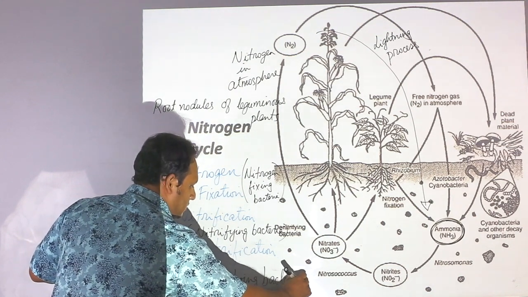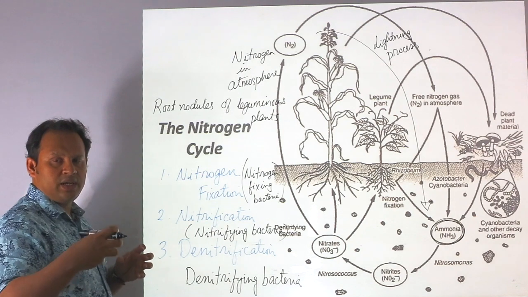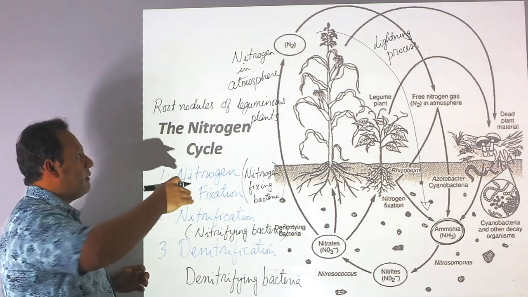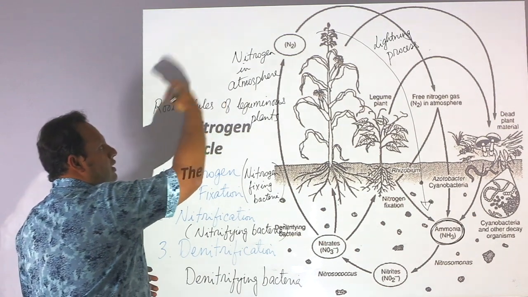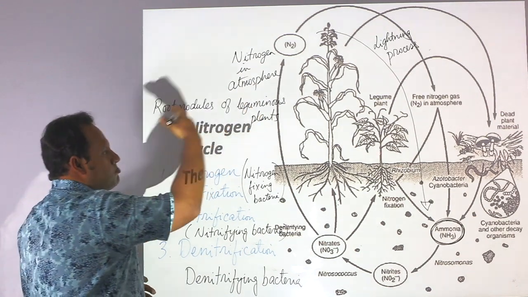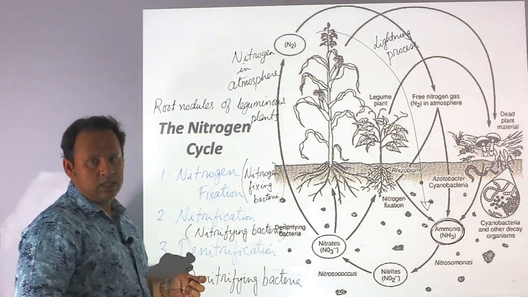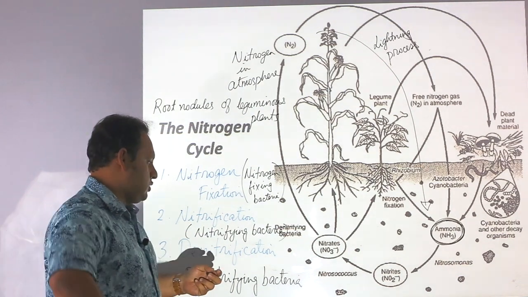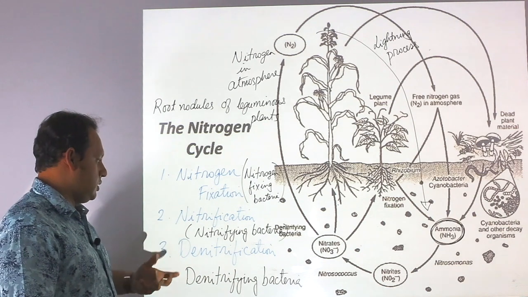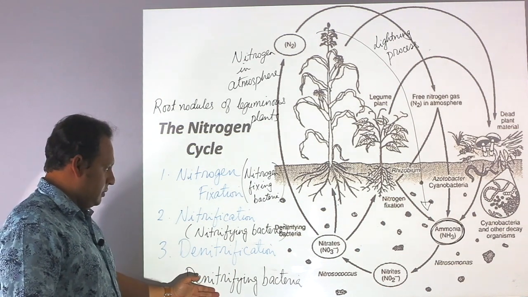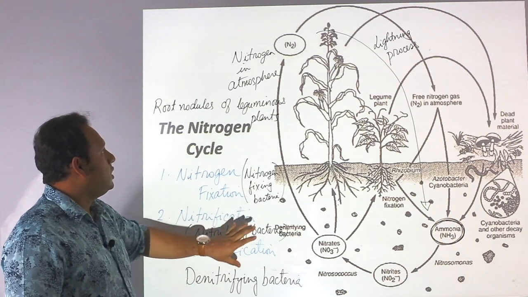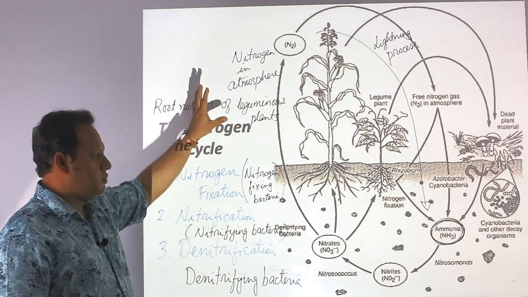Denitrifying bacteria remove nitrogen, release it as a gas into the atmosphere, and then nitrogen is available in the atmosphere, and it is actually the most abundant element in the atmosphere, occupying about 78% of the atmosphere. So denitrifying bacteria, through the process of denitrification, is removing that nitrogen into the atmosphere again.